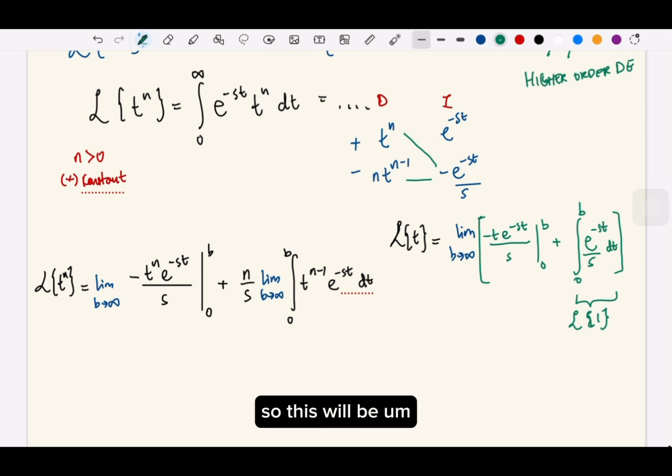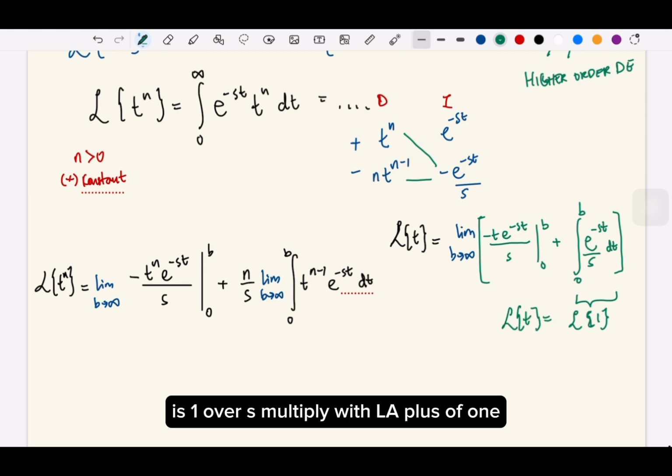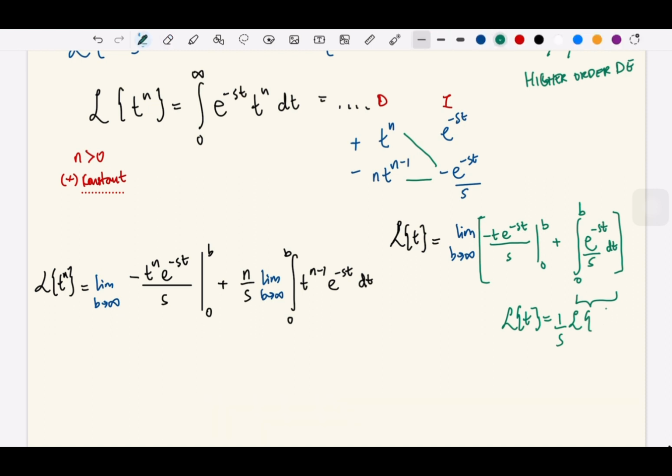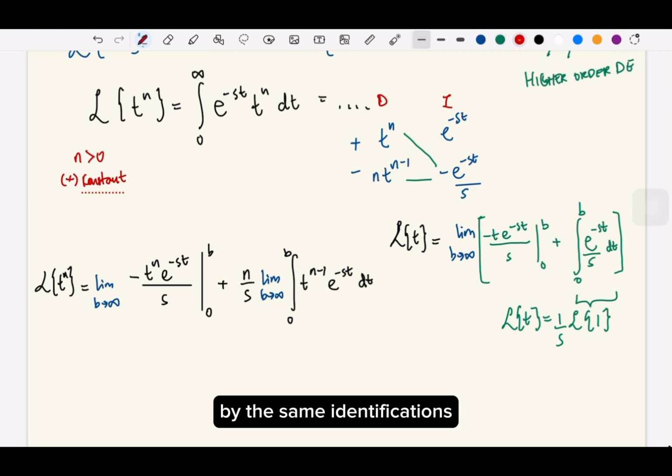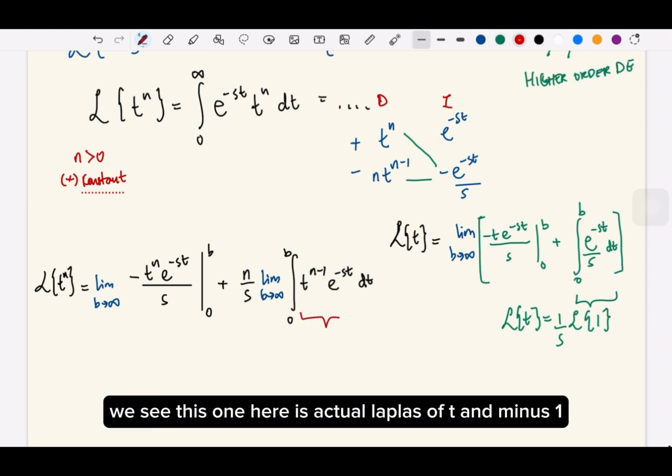So this will be Laplace of t is 1 over s multiplied with Laplace of 1. Okay, there. And so, by the same identification, we see this one here is actually Laplace of t to the n minus 1.